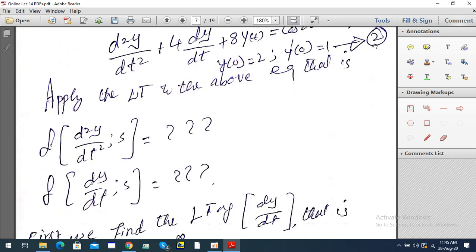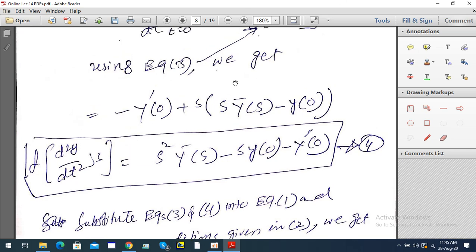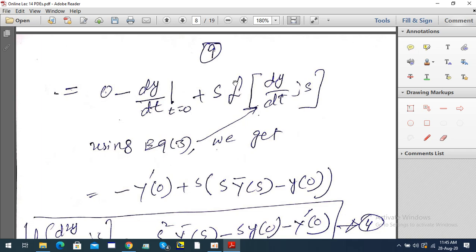So we have equation 3. Actually this dy by dt is y dash, y prime, we can write this by y prime, so minus y prime at t is equal to 0 plus s, and Laplace of dy by dt is equal to s y bar s, and minus y of 0.